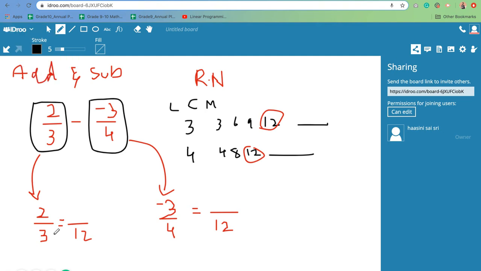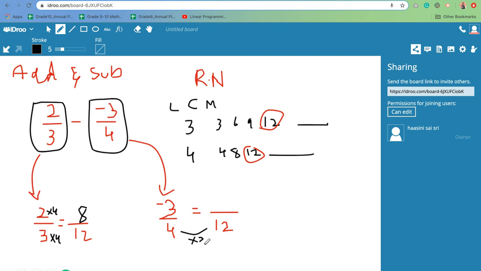I have to multiply. 3 multiplied with 4 will give me 12. If I want the value of the fraction to stay same, I need an equivalent fraction. So I am multiplying with 4 here also. So this will give me 8. Now here, this will be multiplied by 3.